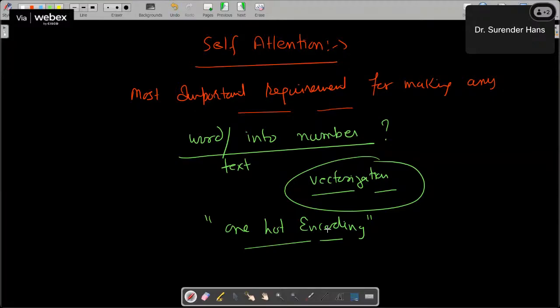So the second improvement is bag of words, which was a slight improvement.